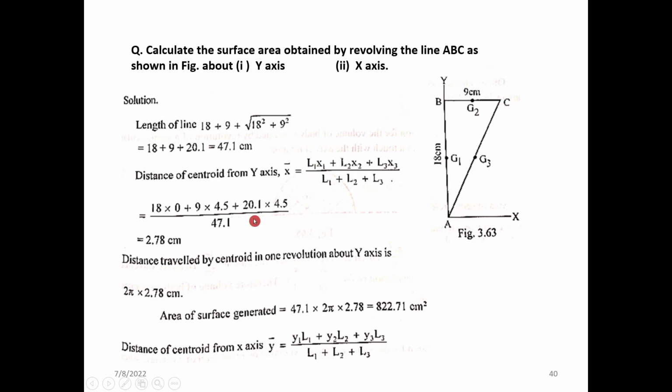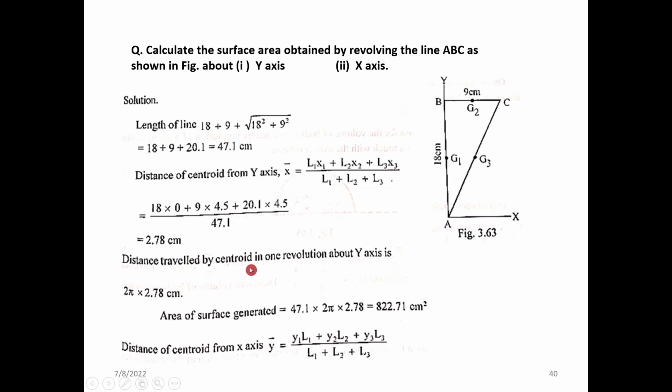That is why L1 is 18 into 0, because we are taking it with respect to the y-axis, plus 9 into 4.5, the centroid from the vertical axis, plus 20.1, the hypotenuse we obtained, into 4.5, because the maximum is 9 and the minimum is 0, so the centroid will be at 4.5, divided by the total length 47.1, which is 2.78.